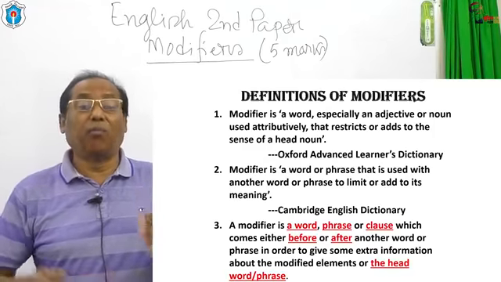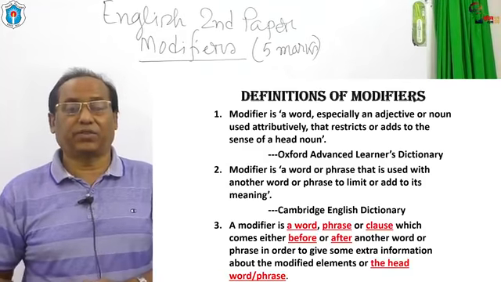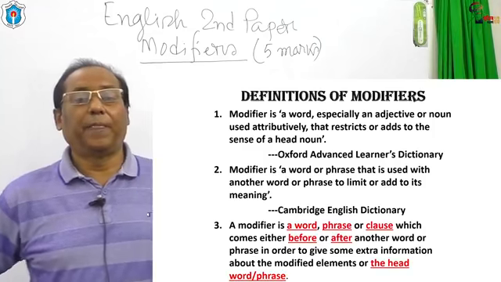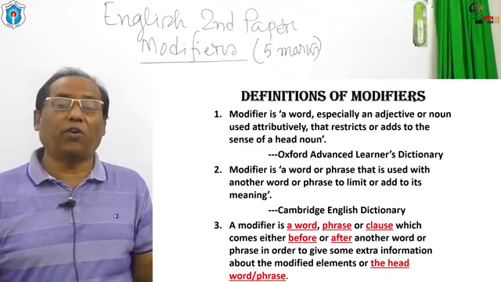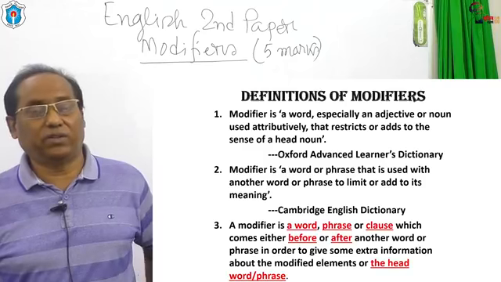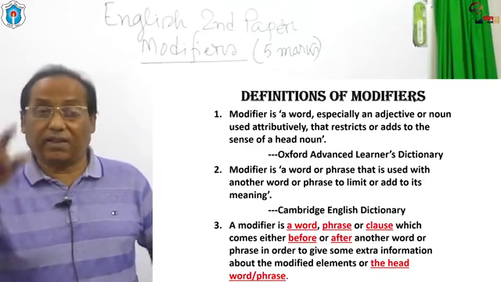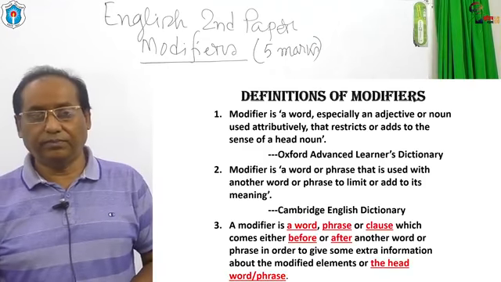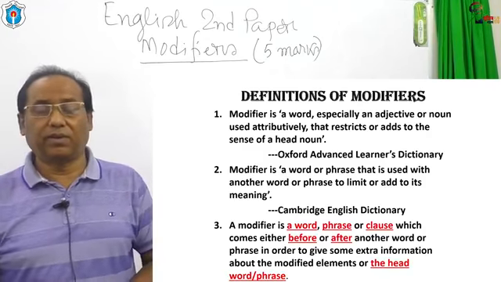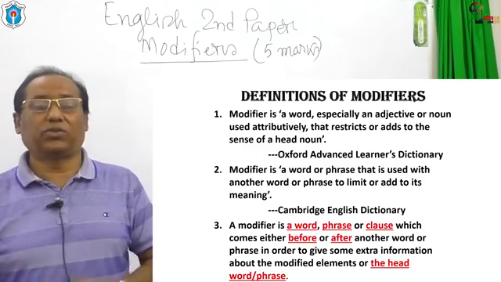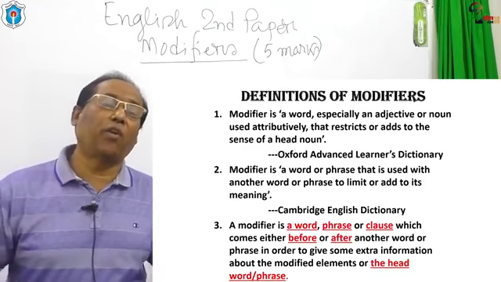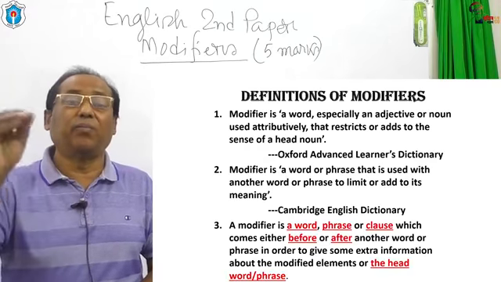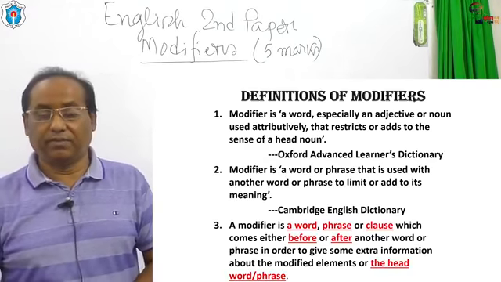That is, the modified element is called head word or the head. And modifier is used either before or after this head or head word. And the third question, why is it used? Our answer is that modifier is used to give some extra information about the word it modifies. Okay?